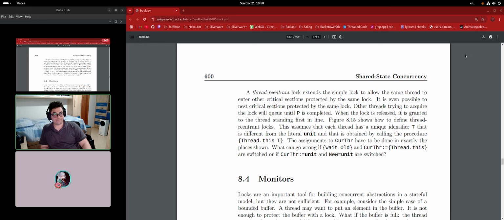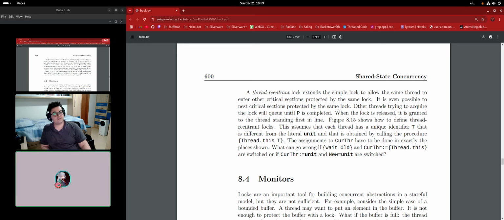Other threads trying to acquire the lock where P is acquired, when the lock is released, it's going to go to the thread standing first in line. I actually don't know how this is usually solved. Is this first in, first out in normie languages as well?